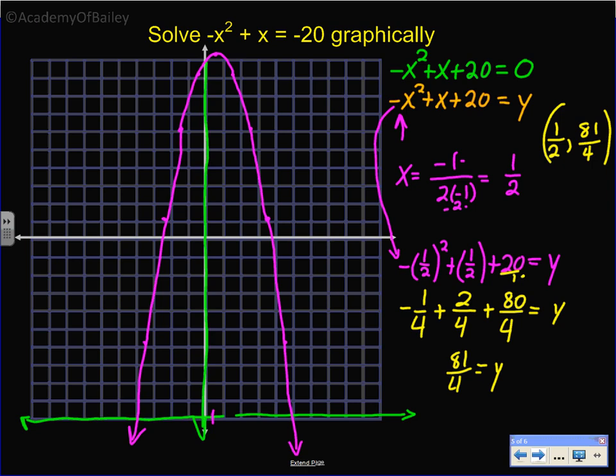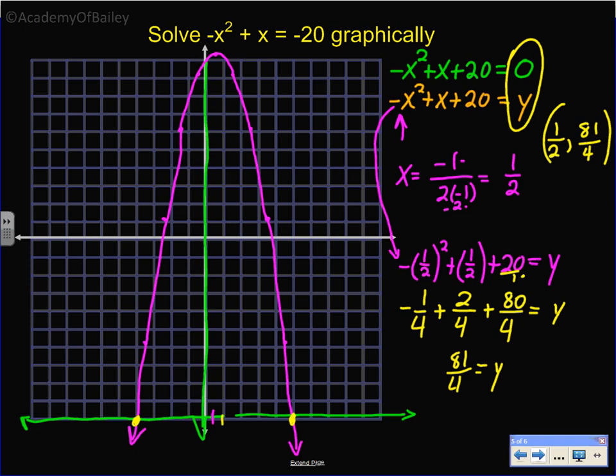So let's look here. Let's find our answers. Our answers, remember, are where y is equal to 0. A lot of you might think that that right there is the answer, but remember we changed our x-axis so that we could plot the vertex on the graph. Remember, our new x-axis is right here and right there. So we need to figure out what those x-intercepts, those zeros, those roots, those solutions are.